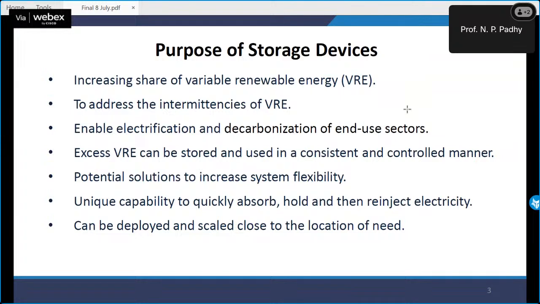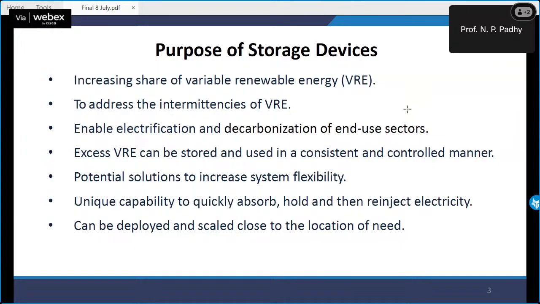And then a potential solution to increase system flexibility. This is a very, very important point. For example, when you have excess energy, you will experience voltage issues. And when you have less generation, you will have under voltage issues. But if I can have a battery, that battery can be used as a load as well as generation.